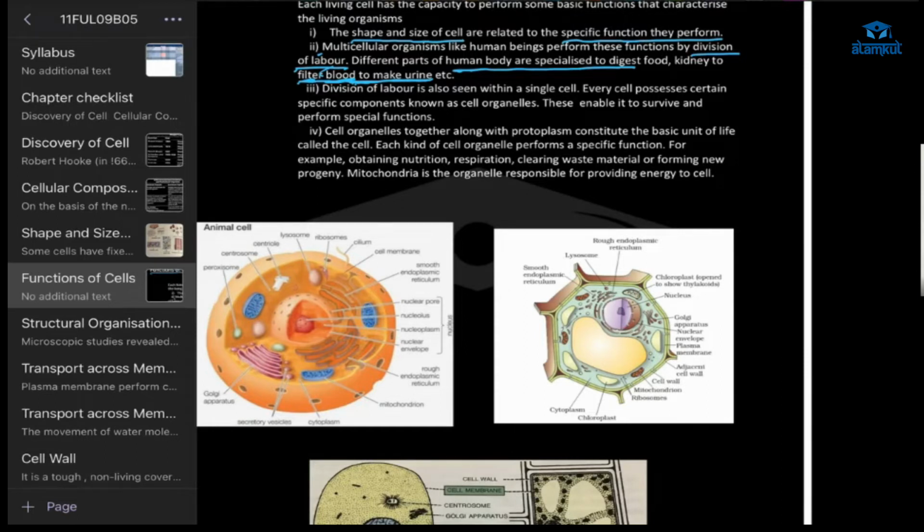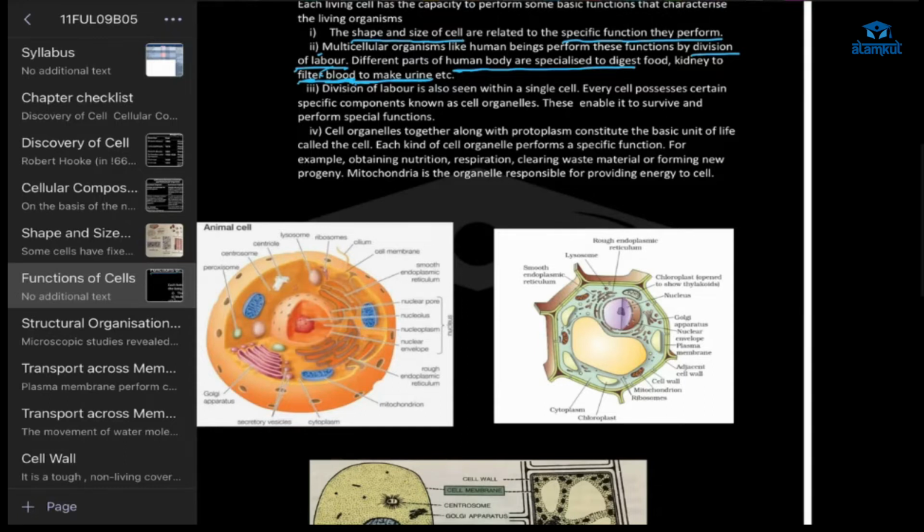In the 10th standard, you learn about excretion, where kidney filters blood. We have two kinds of blood, right? Deoxygenated and oxygenated blood. The blood contains many wastes, so the kidney filters it and forms urine.